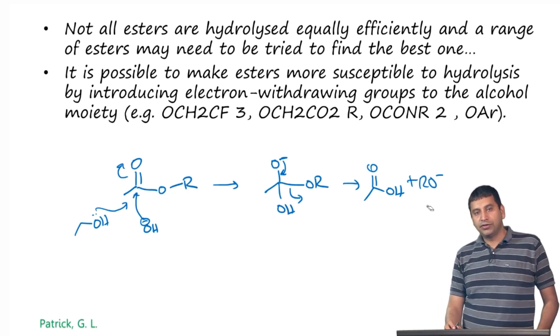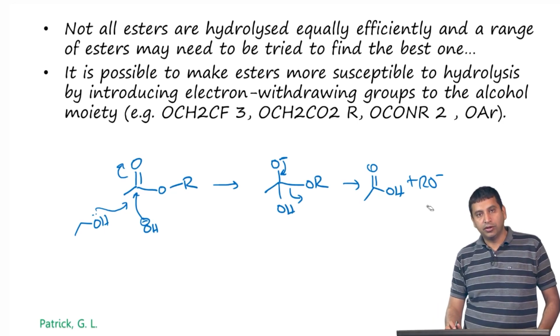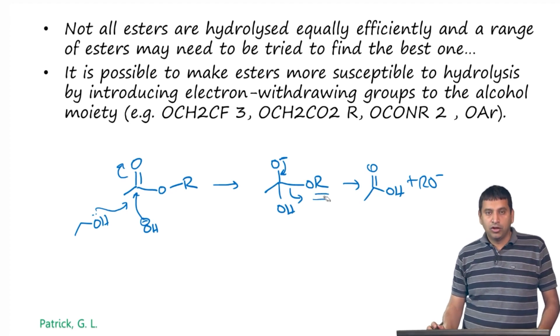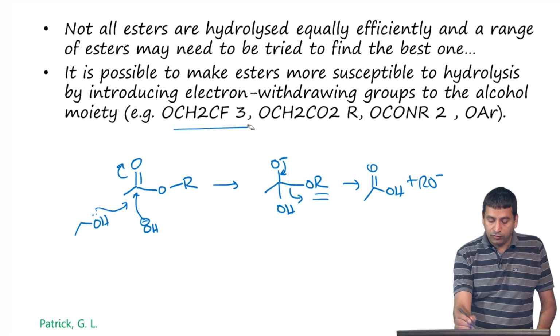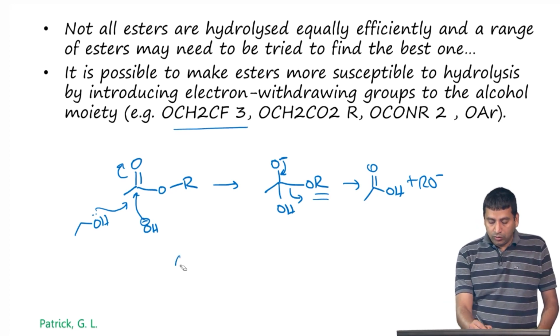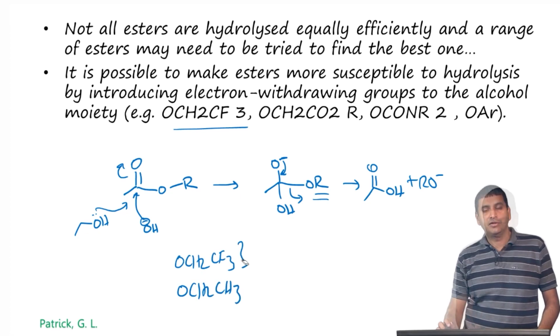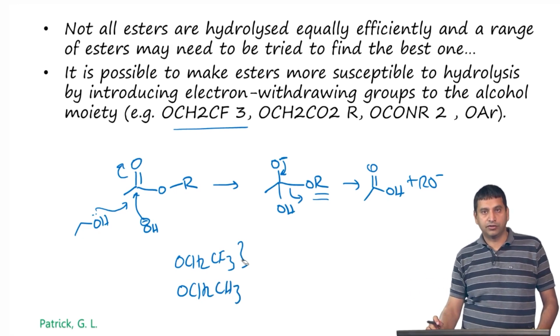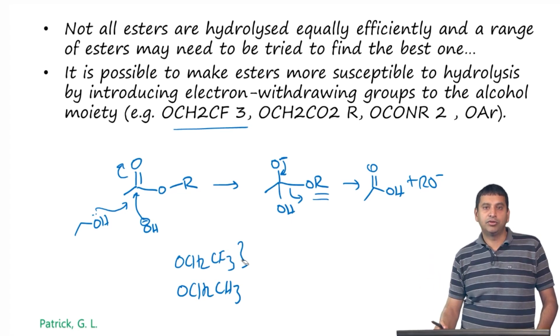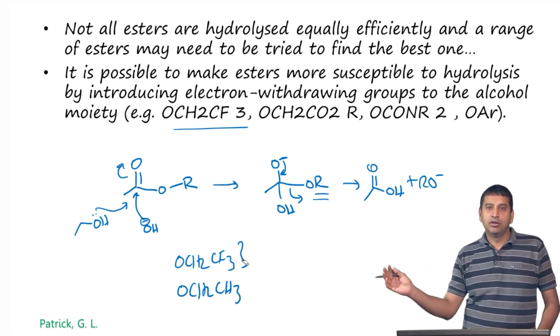Now, because this tetrahedral intermediate collapse is very important, the nature of the leaving group here can be changed. So, for example, if you have an electron withdrawing group such as CH2CF3, then OCH2CF3 versus OCH2CH3, the fluorinated compound is going to be a much better leaving group, and therefore, it will hydrolyze much faster. Okay. Similarly, you can make other varieties of leaving groups and you can tune the release rates.